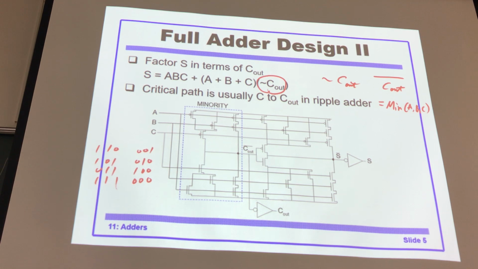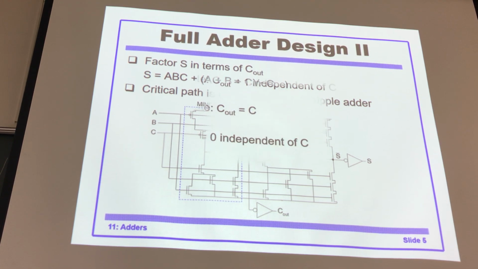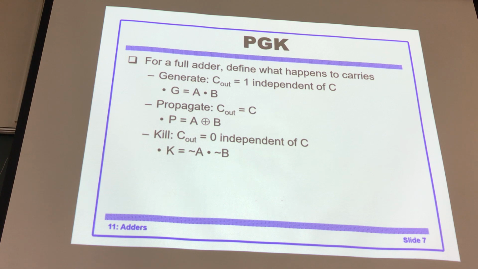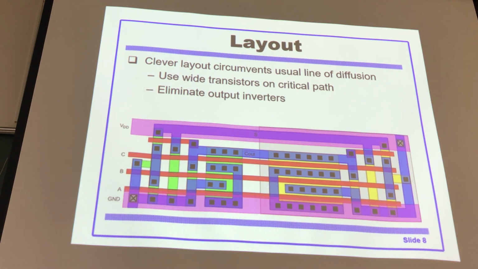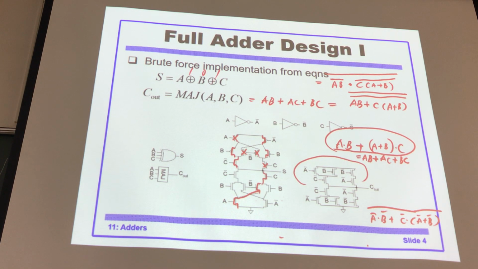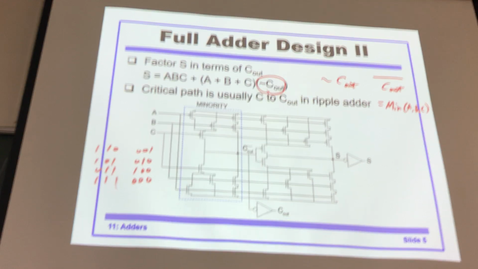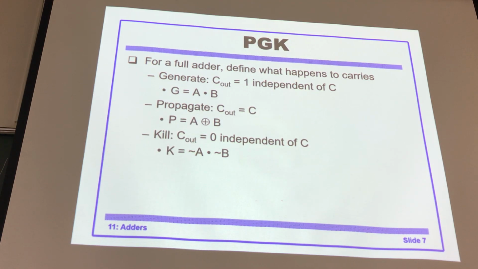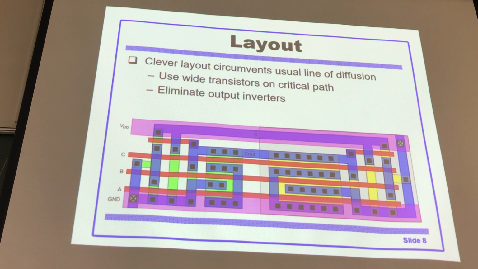So if somehow you can generate the carry out through this circuit, and that C out bar, then keep this page, we'll come back later. Okay, this layout is for the circuit here. This circuit can be laid out like this. Really compact.